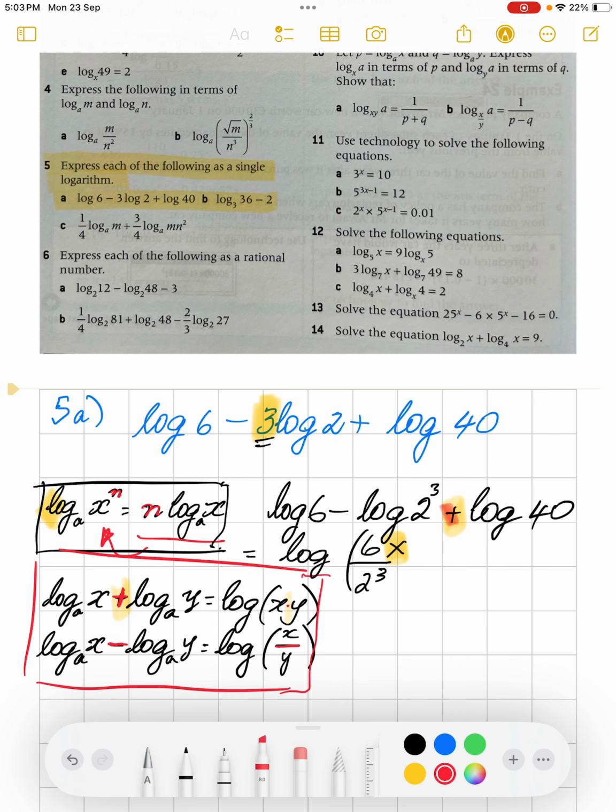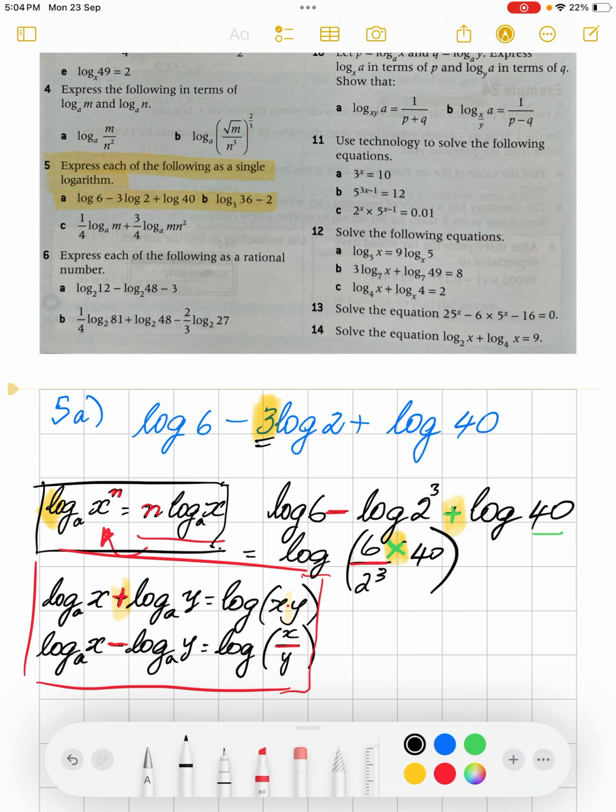With that, let's put times 40. So the minus sign here means 6 is divided by 2 cubed, and this plus sign is where that multiply sign comes from when we take that times 40.